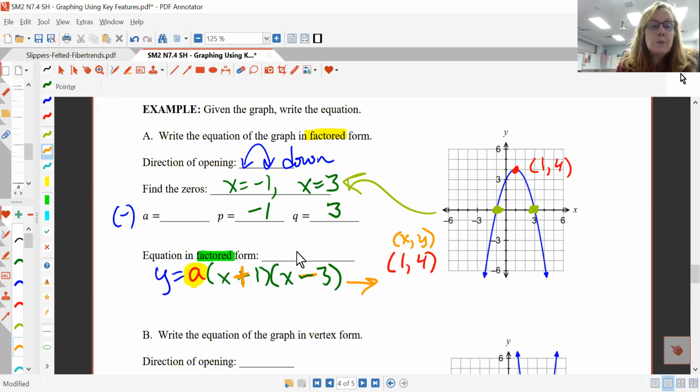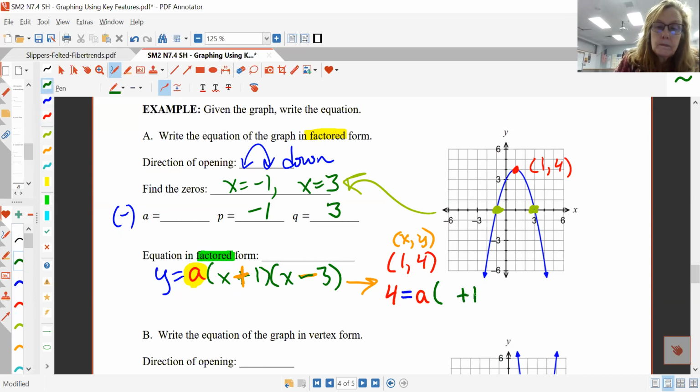So I basically just put it in, and be careful for where you're doing it. Basically it's going to be 4, and A is what I don't know. Okay, and X is 1. When you're doing it, one of the things you might want to pay attention to is that these look like they switch.